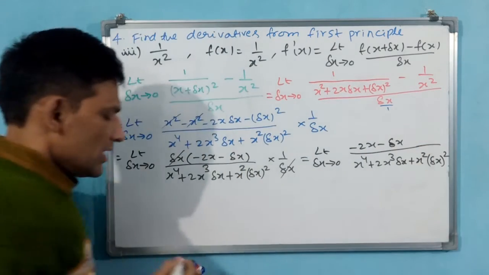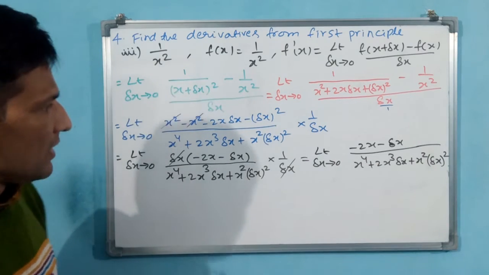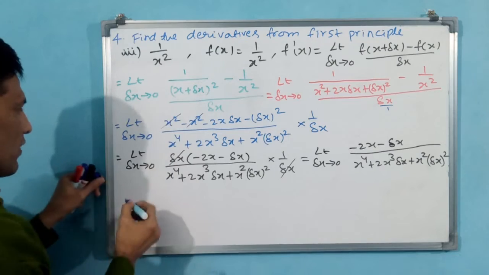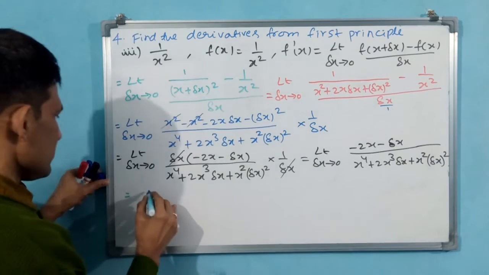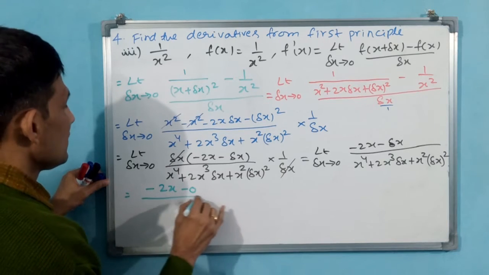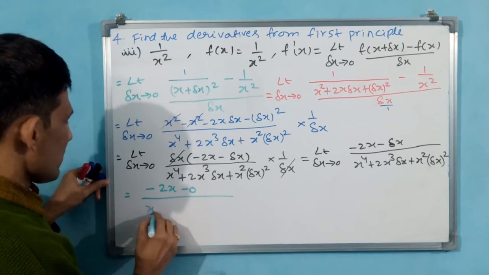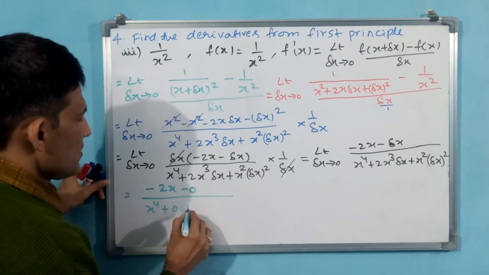Now nothing has to be done. You have to apply the limit, that's all. If you apply the limit, then this limit delta x tends to 0 will not be there. Directly you write, you see what I am writing: minus 2x minus 0, divided by x to the power of 4 plus 0 plus 0.